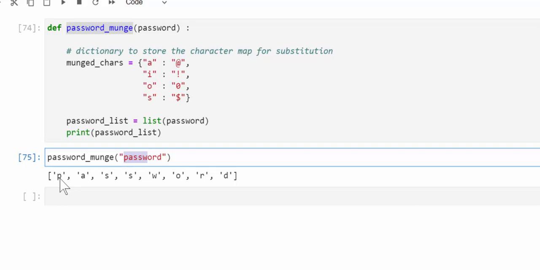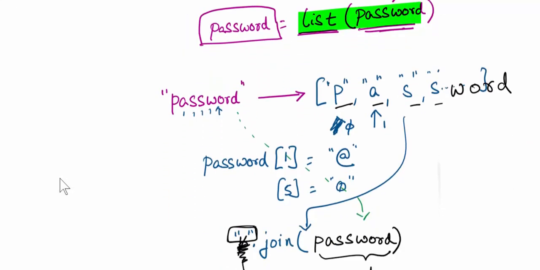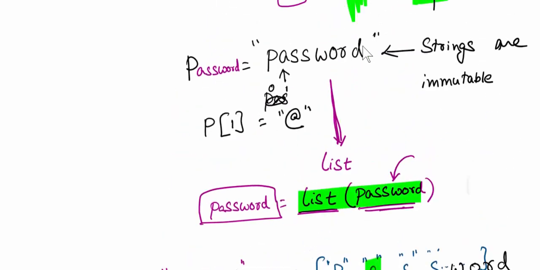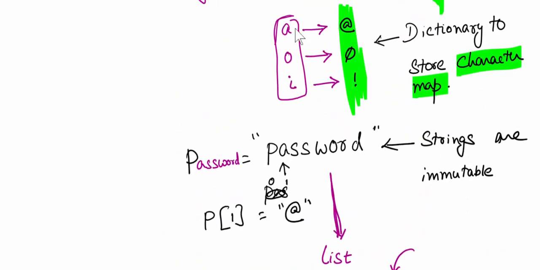Now what? Now we need to do the substitution. We have to substitute a character that is in this map to its corresponding map, right? We have to substitute each character that is in this list and replace it with a corresponding mapped character.